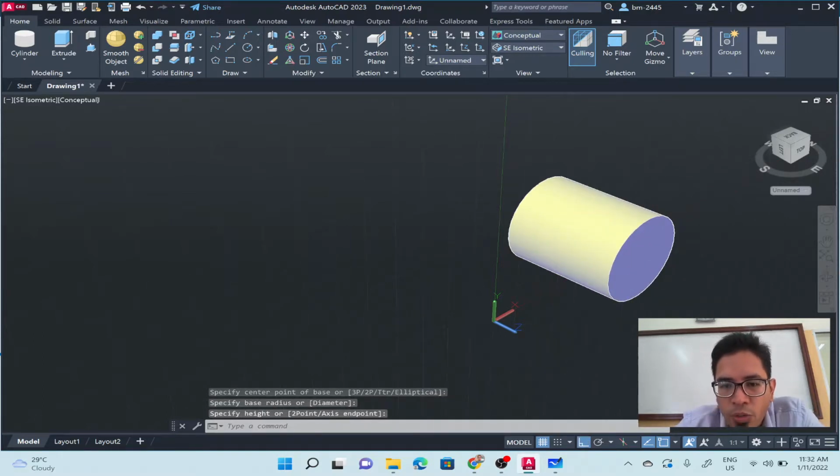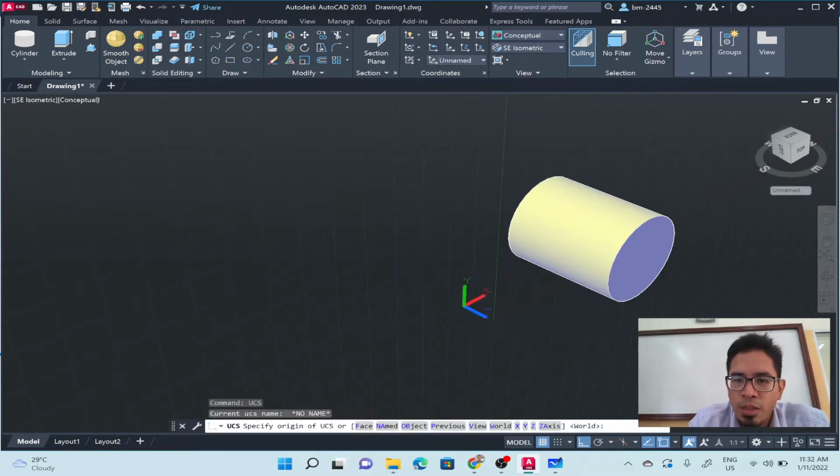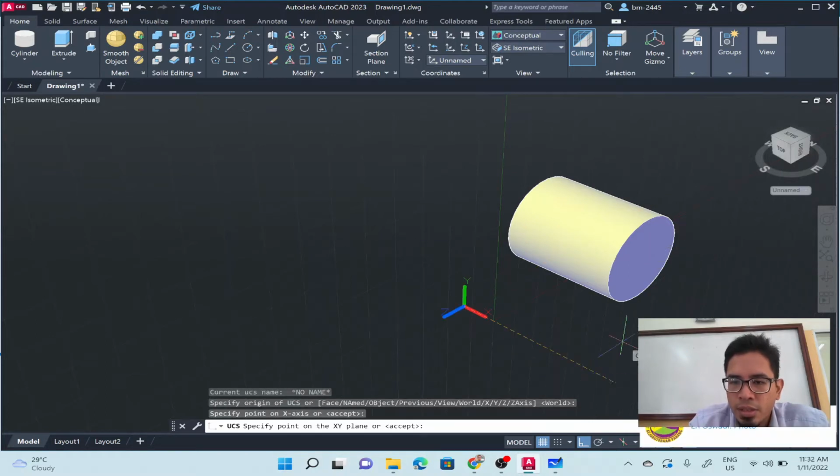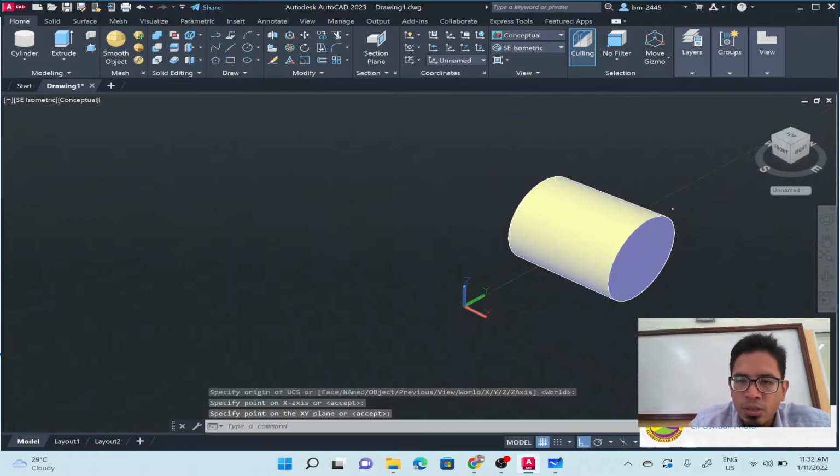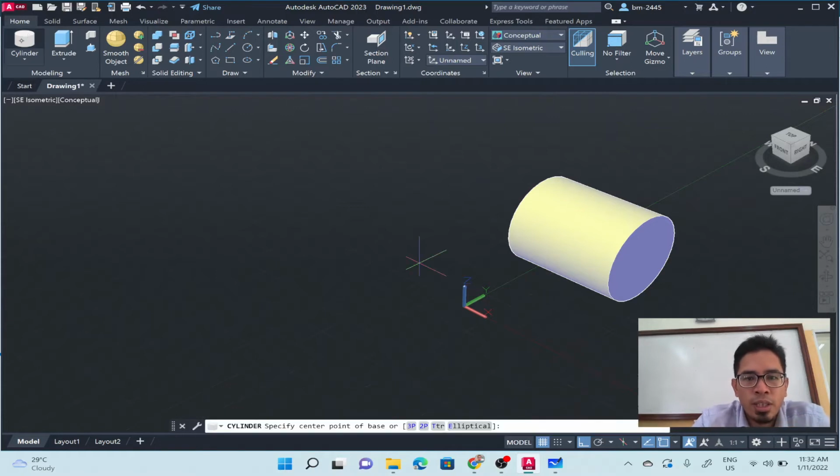If you want to change back to the original UCS, just click UCS, enter, and put the X over there and then Y over here. That is our original XY plane.